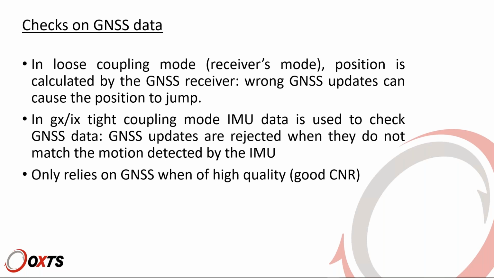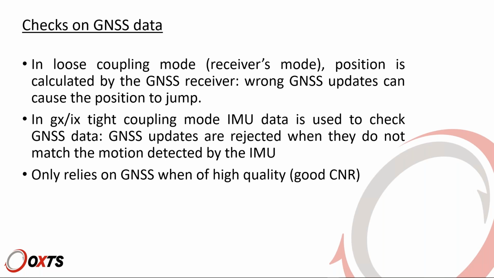And in addition, it will rely on GNSS only if the signal is of high quality, meaning it has a higher CNR, carrier to noise ratio, threshold. So only if the signal was of a given strength and quality, it will be used in determining the position solution.